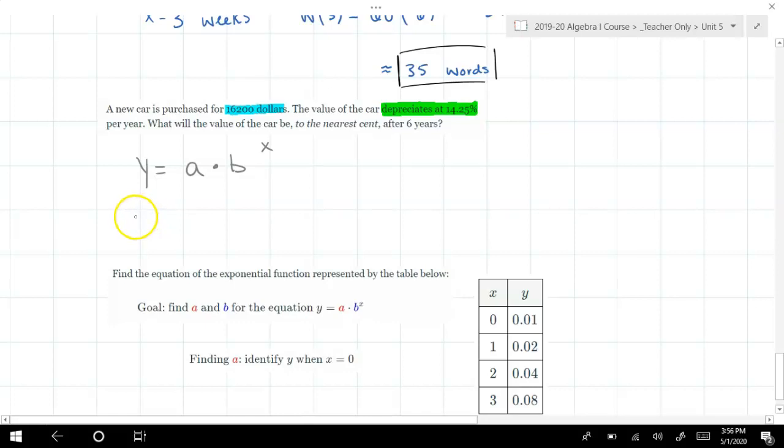So let's fill in what we know. A is the initial value. Well, the new car is purchased for $16,200. So $16,200 is the A value. The percent is going to help determine the B value, but it's not that easy. We don't ever sub the percent in to an equation. So we need to find the B value.